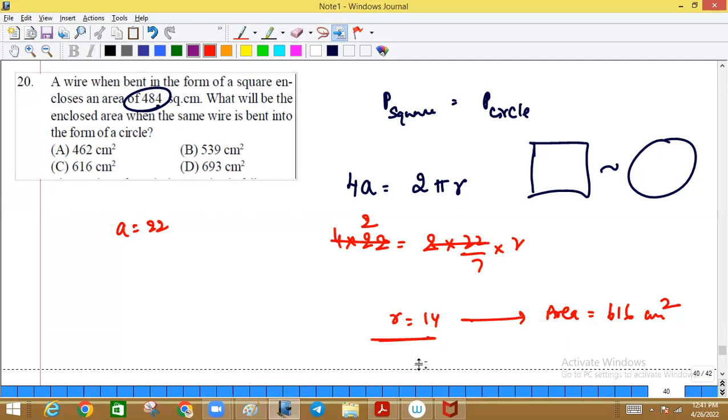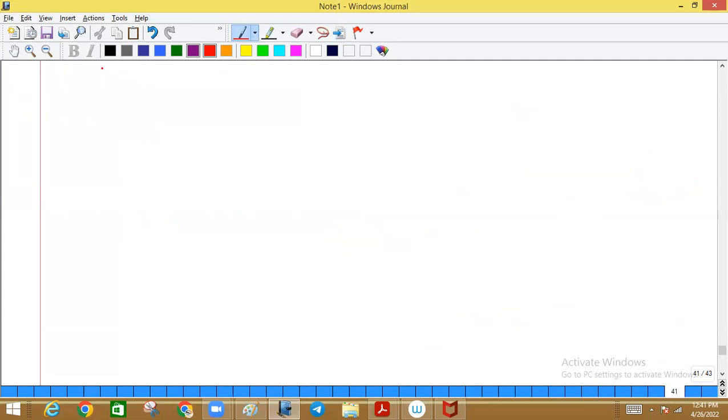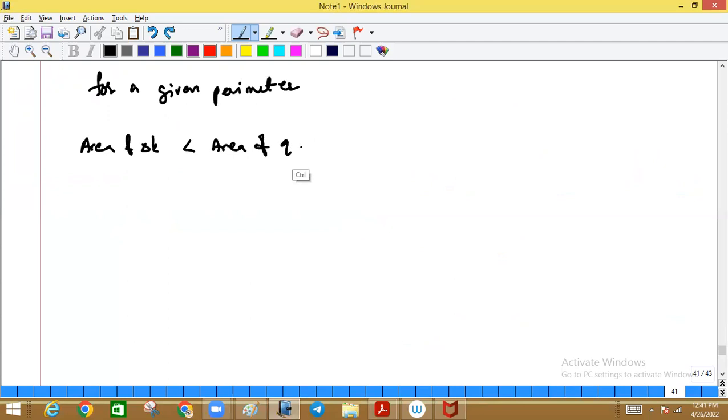So remember, for a given perimeter, area of triangle is less than area of quadrilateral, or take it as a square, then area of pentagon and so on. Circle occupies the maximum area for a given perimeter.